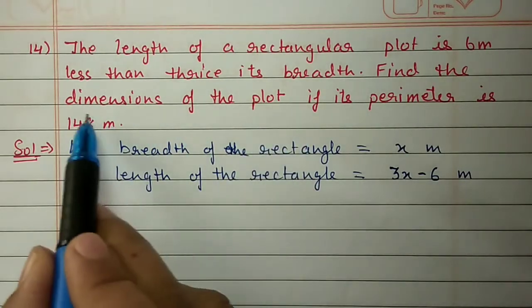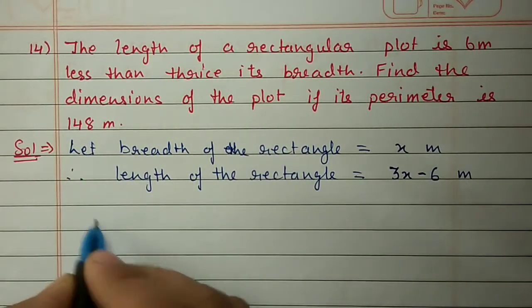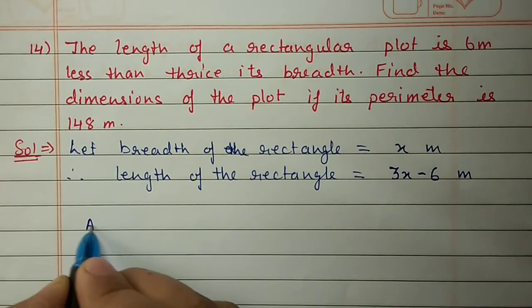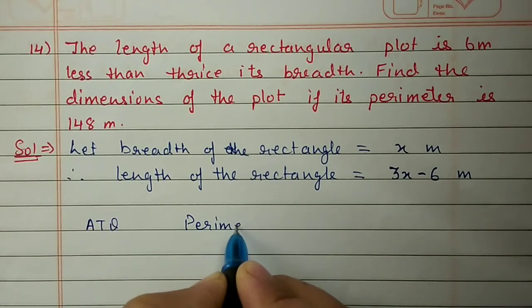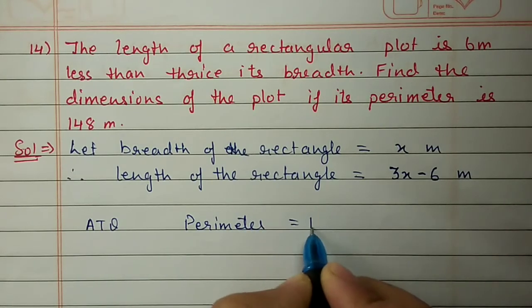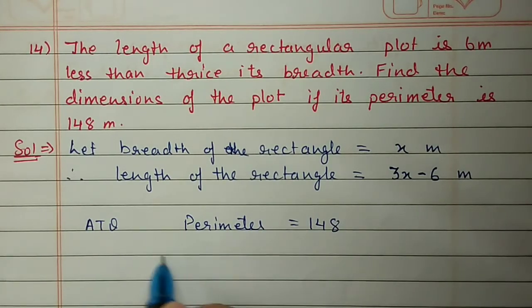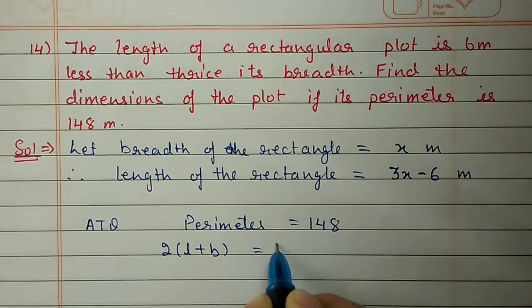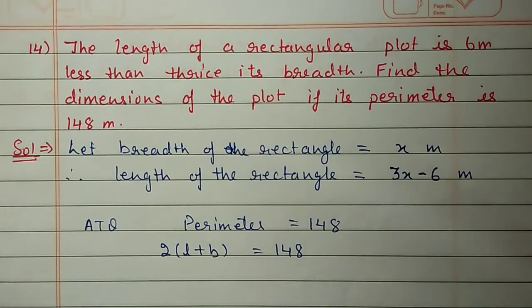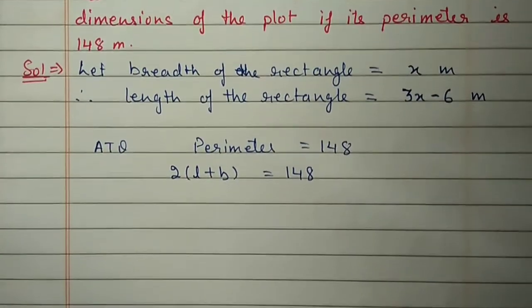Now according to the question, perimeter is given, so we will find out the perimeter. Perimeter is equal to 148 and perimeter formula is 2 times l plus b is equal to 148, because this plot is a rectangular plot.